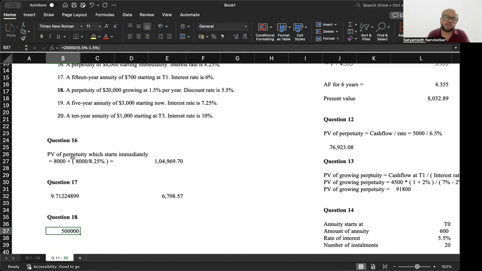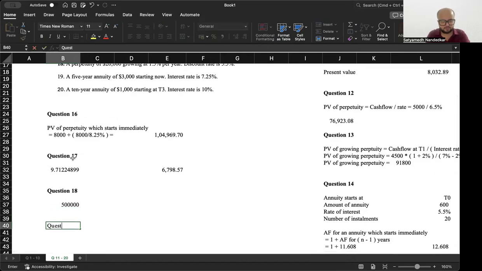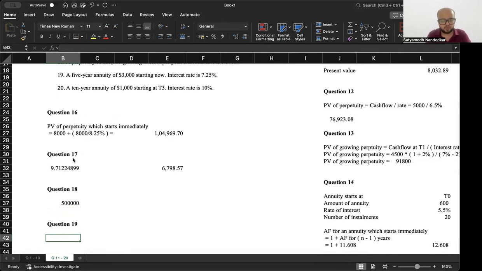A 5-year annuity of 3,000 starting now, interest rate is 7.25%. So 1 plus the annuity factor for n minus 1 years.